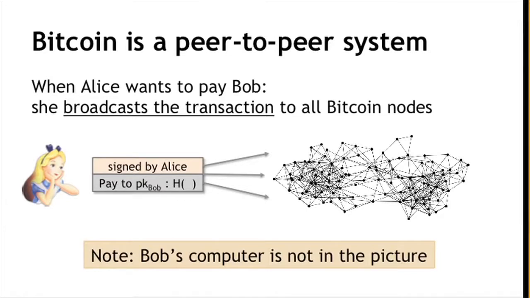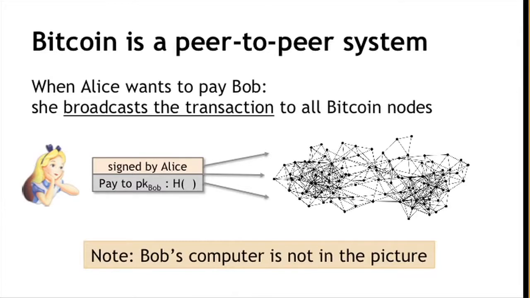This is similar to Goofy coin that we saw in the first lecture. A transaction is going to have Alice's signature, which the other nodes need in order to know that it really in fact came from Alice. It's going to have Bob's public key, which also acts as his address at which he wants to receive Bitcoins. And further, it contains a hash. What is this hash?